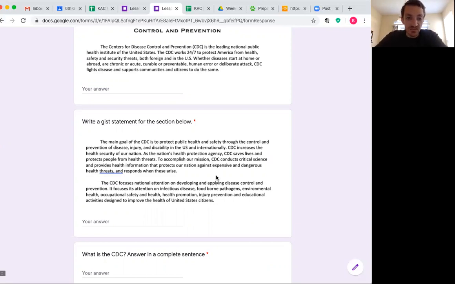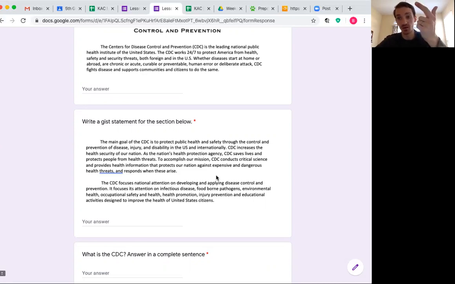The CDC focuses national attention on developing and applying disease control and prevention. It focuses its attention on infectious disease, foodborne pathogens, environmental health, occupational safety and health, health promotion, injury prevention, and educational activities designed to improve the health of United States citizens.